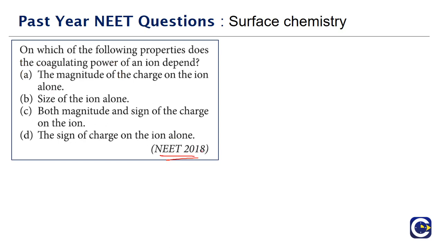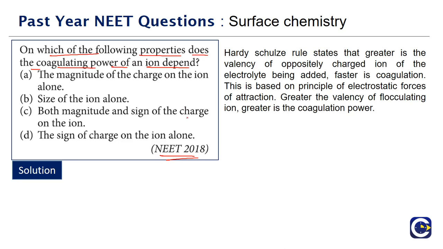Next we have a question that has come in 2018. On which of the following properties does the coagulating power of an ion depend? So the coagulating power of an ion basically is determined by the Hardy-Schulze rule, which states that the greater the valency of the oppositely charged ion, the faster will be the coagulation.